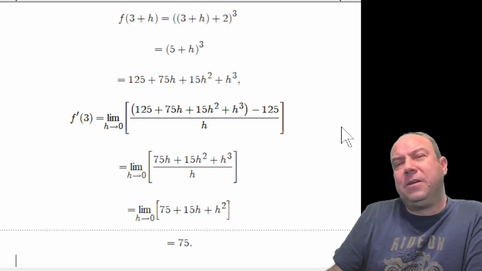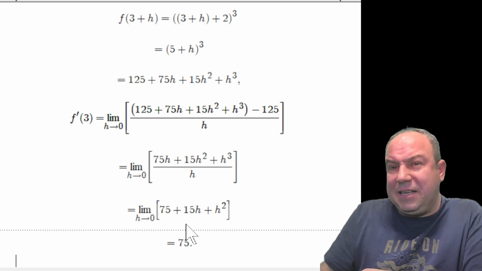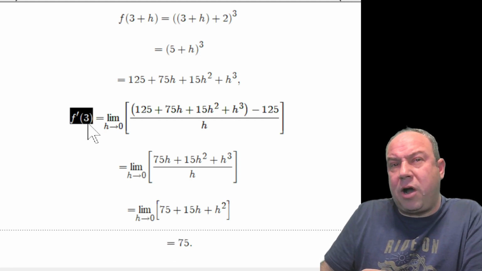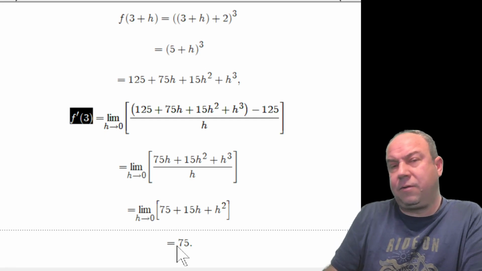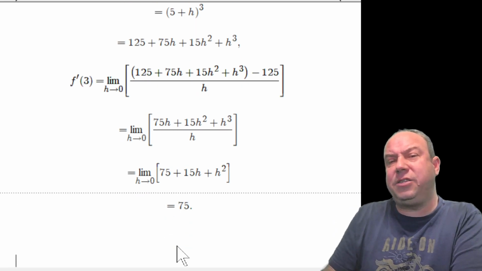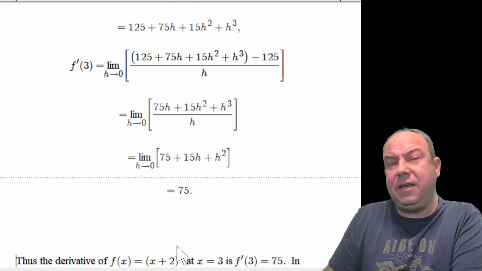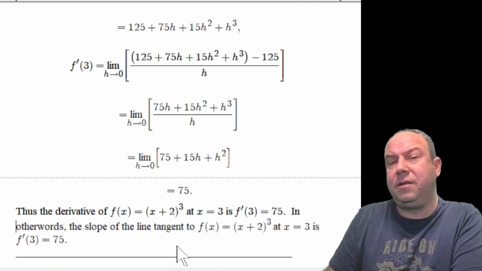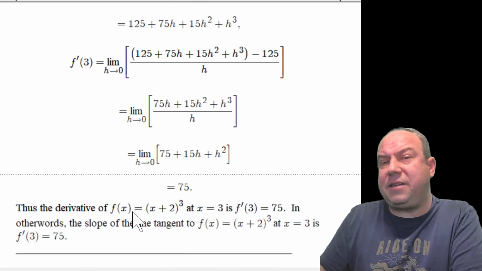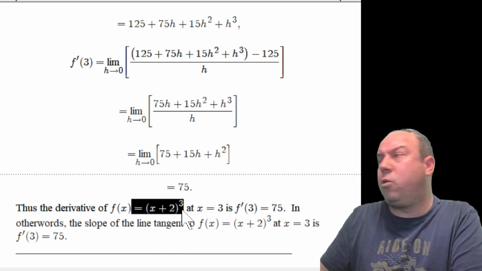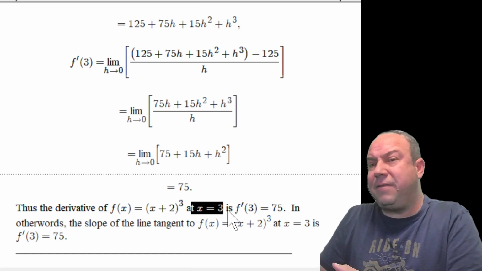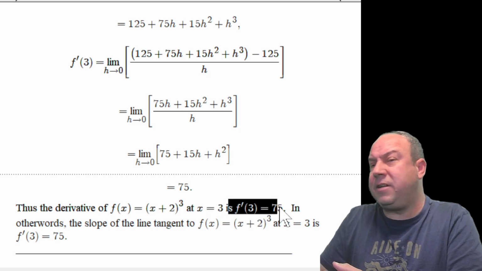All right, so that is f prime at 3, the slope of the line tangent to the curve of f at 3. The slope of the line tangent to the curve x plus 2 quantity cubed at the value of x equal to 3 is f prime of 3 equal to 75.